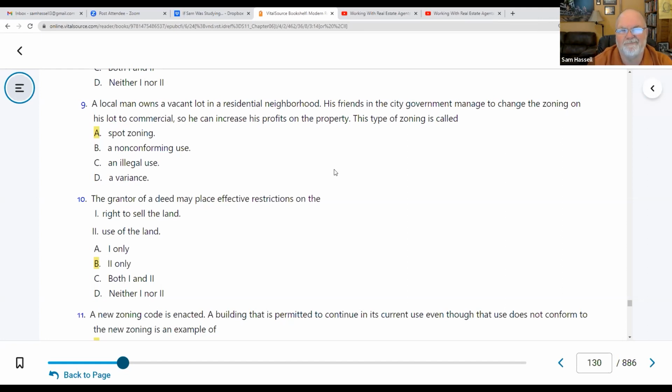I don't want to get too much into the gray area here, but I can understand if you answered this as an illegal use, right? It just doesn't, this question stinks. Truthfully, it's a little ambiguous. Tyler, right? This question's a little ambiguous here.